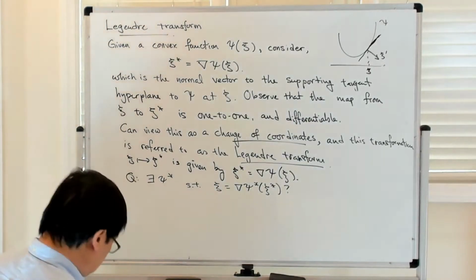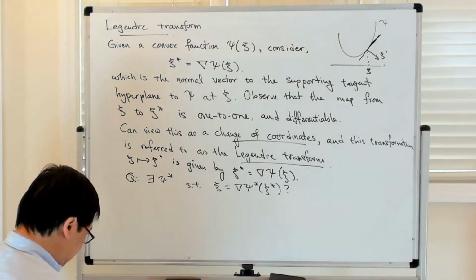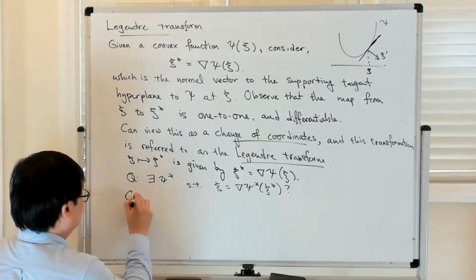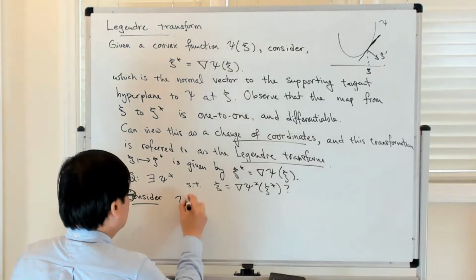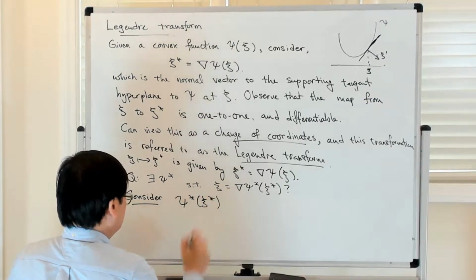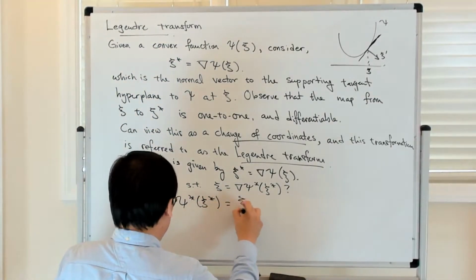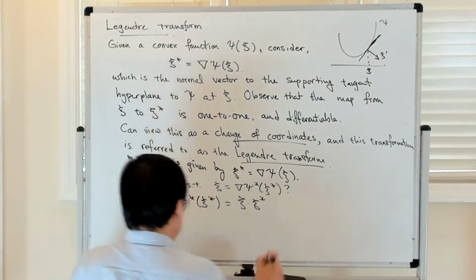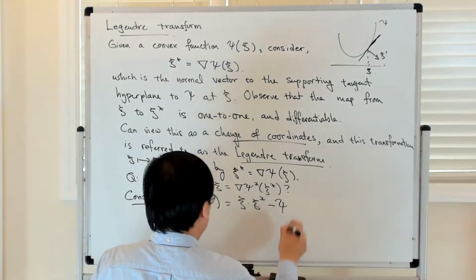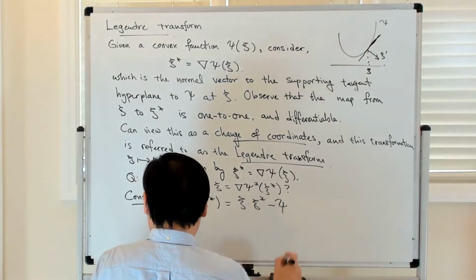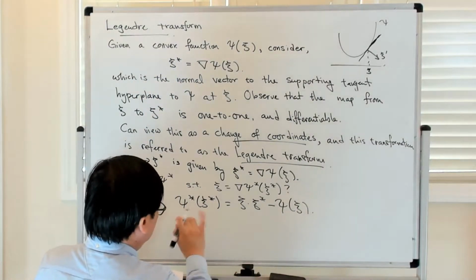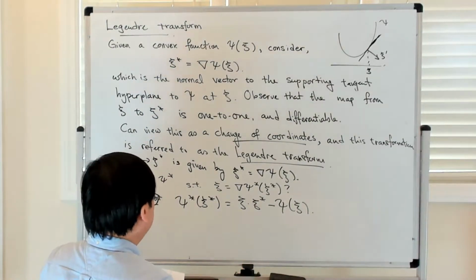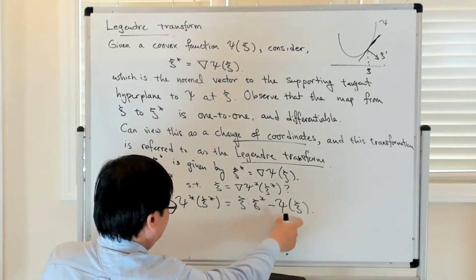All right, so let's see how you can do this. Consider the following, which is given by C dot C star minus psi of C. So this is also a Legendre transform, where you Legendre transform the convex function.